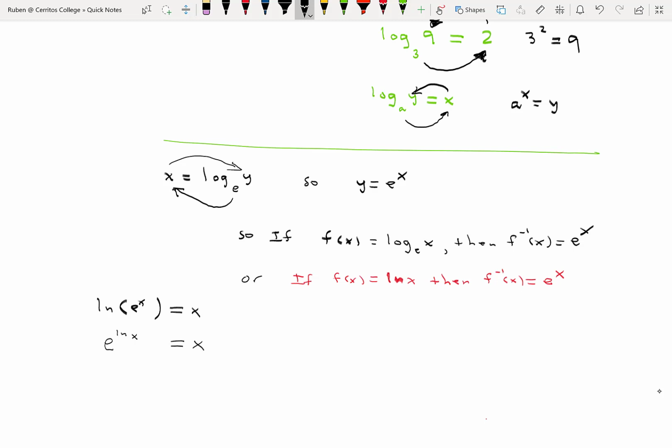This is a very, very important set of identities. They allow us to eliminate natural logarithms or exponentials. If you want to eliminate an exponential, you take the natural logarithm. If you want to get rid of a natural logarithm, you raise e to whatever the quantity is. Exponentials and logarithms cancel each other out because they're inverses of one another.